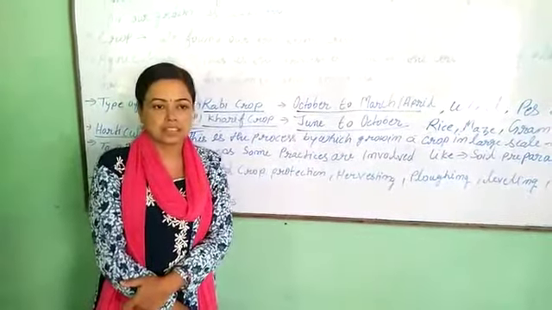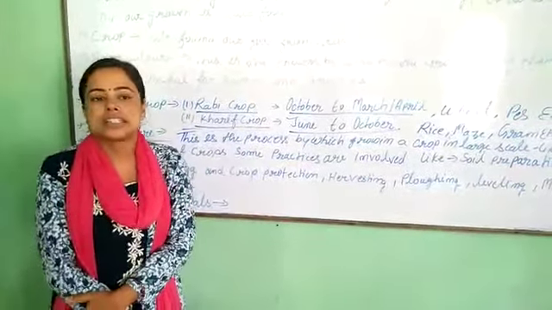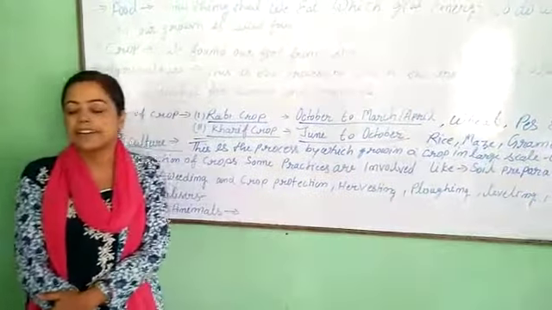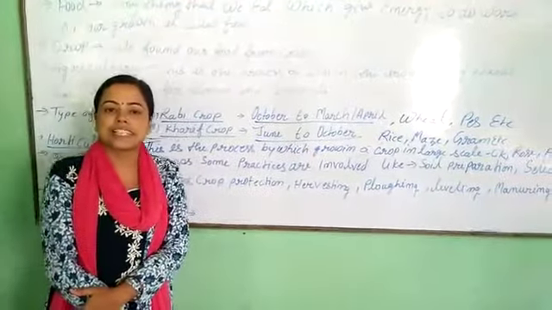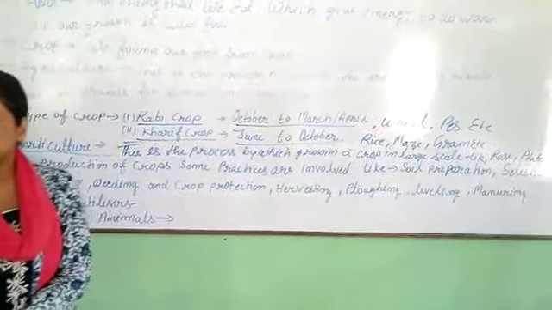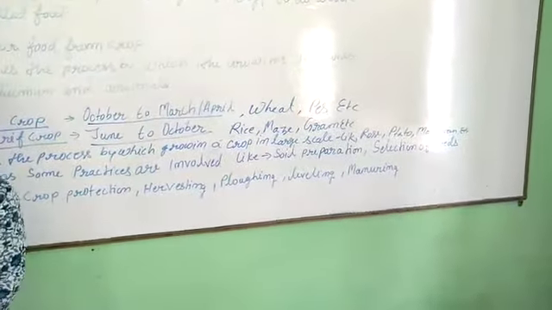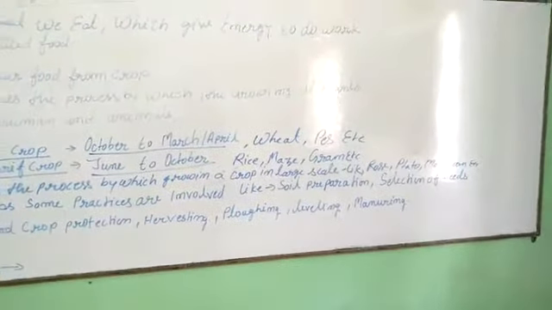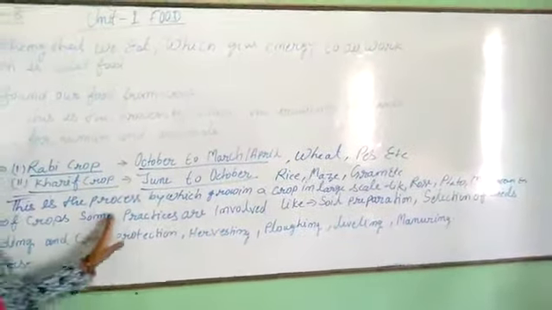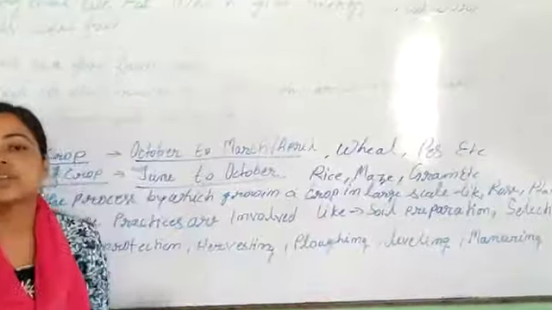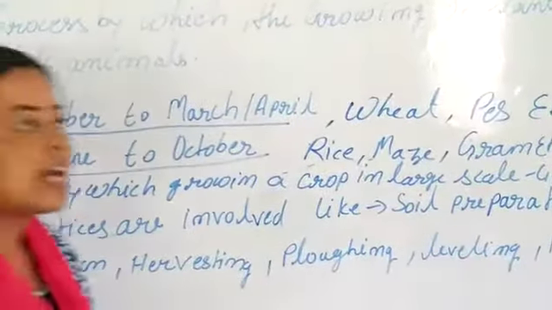In this cycle, three things are very important. First is nitrogen fixation, second is nitrification, and third is denitrification. So some questions arise from this agricultural part, and you have to do them at your home.